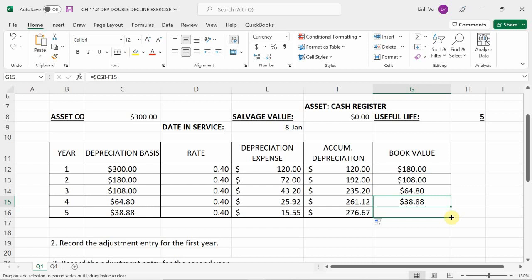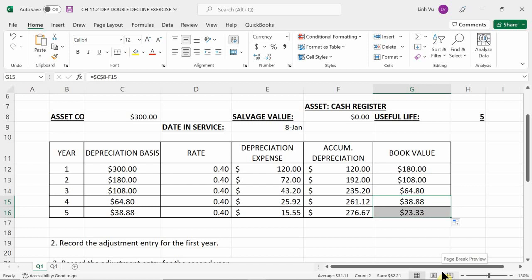How do you solve for your book value? Oh, $23.33. Now, can I keep going?